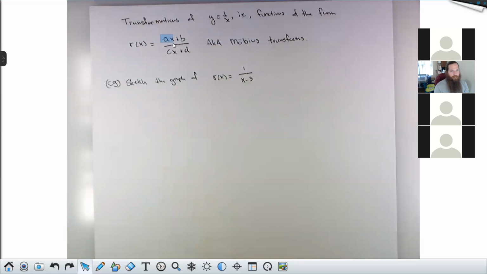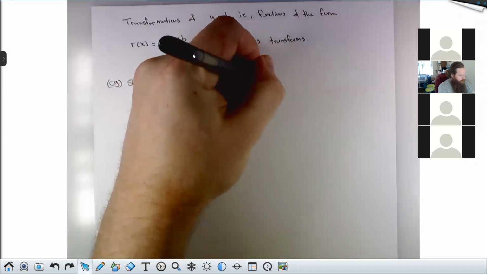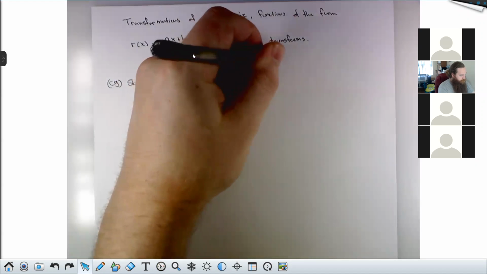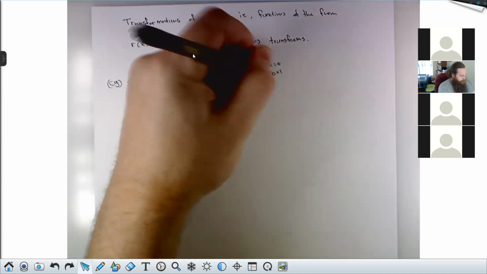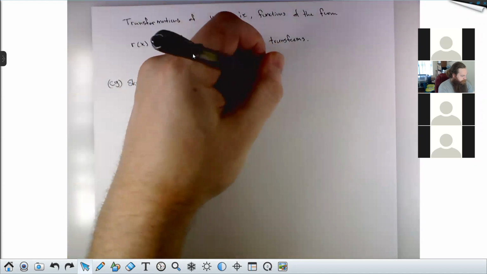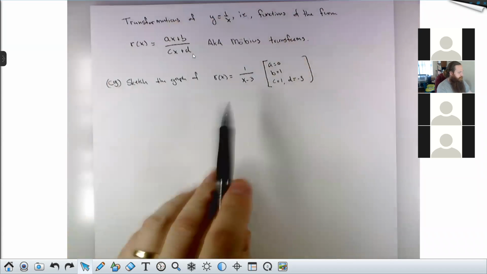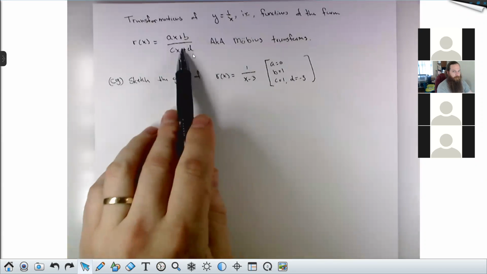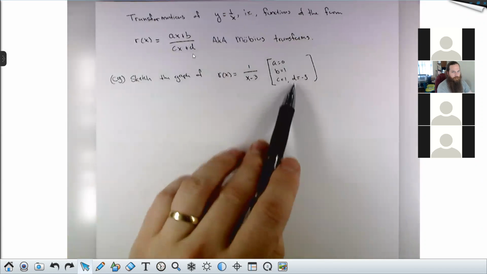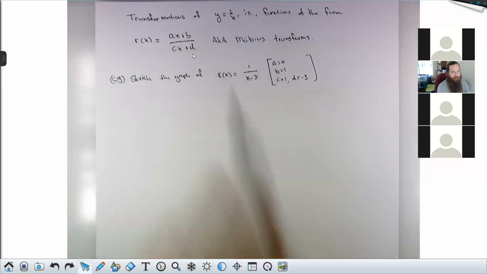So here a is 0, b is 1, c is 1, and d is negative 3. I hope you see that this really is in this form. Right? If you plug those numbers in to this thing, you get this.